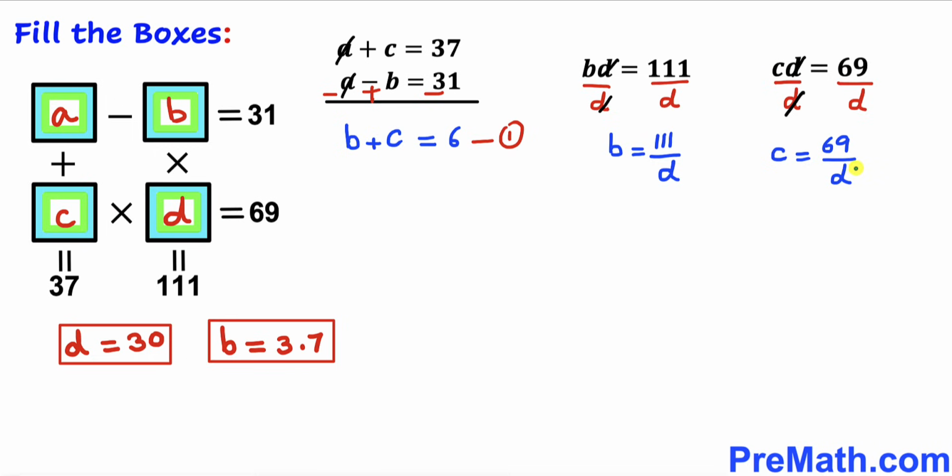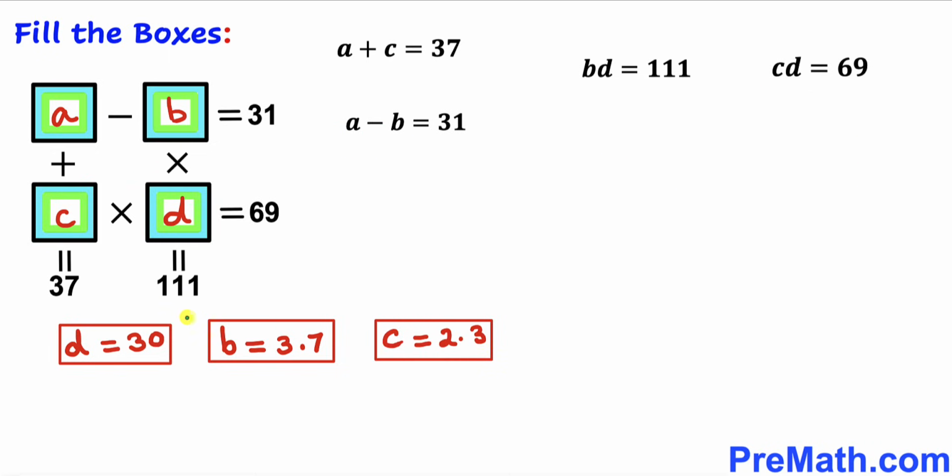Now we are going to substitute this d equals 30 value in this equation to solve for lowercase c. So lowercase c is going to be equal to 69 divided by 30. So our lowercase c value simply turns out to be 2.3.